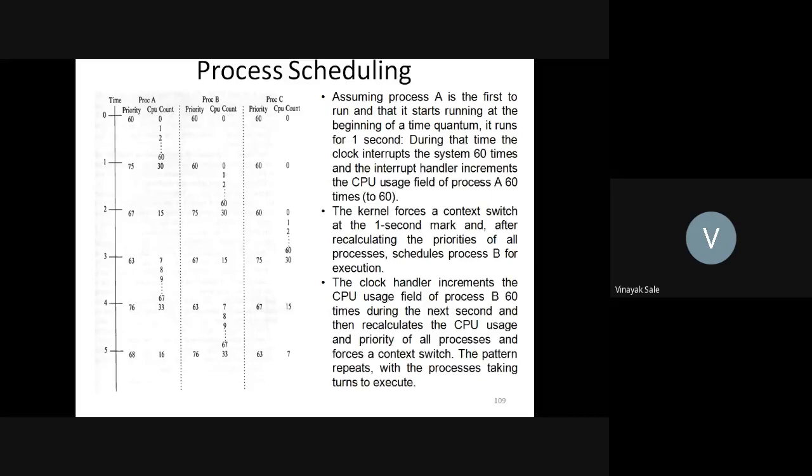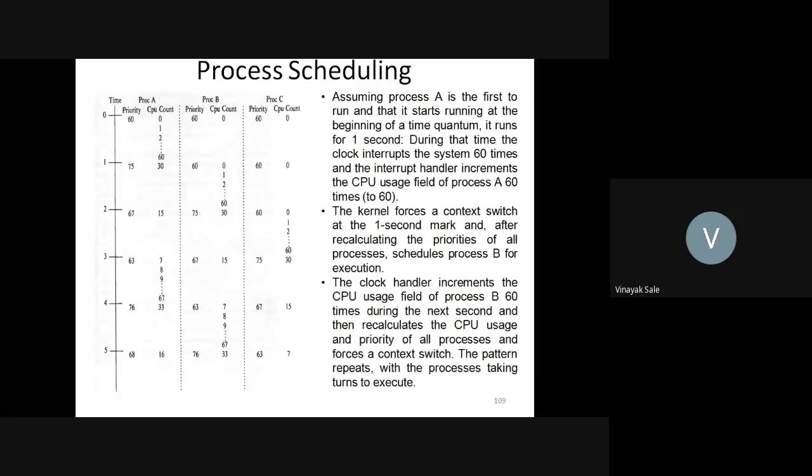During that time, the clock interrupts the system 60 times, and the interrupt handler increments the CPU usage field of process A 60 times, that is, up to 60. The kernel forces a context switch at the one second mark, and after recalculating the priorities of all processes, schedules process B for execution.